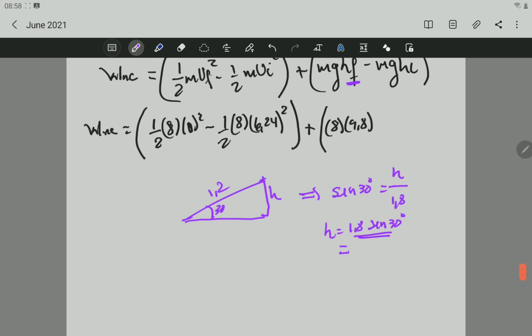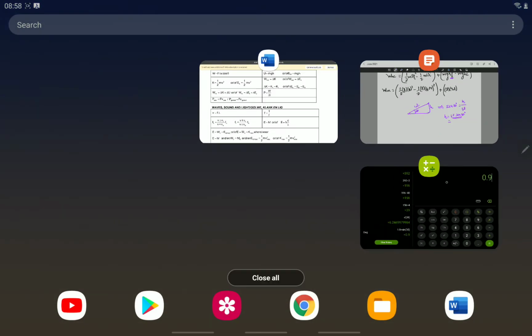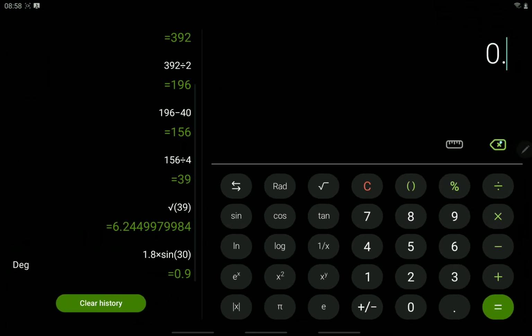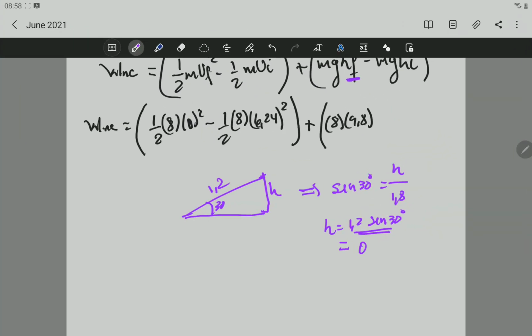Let's fix it here. So it's 1.2 multiplied by the sine of 30 degrees. It's 0.6. That is the correct one. Alright, so the height is 0.6.